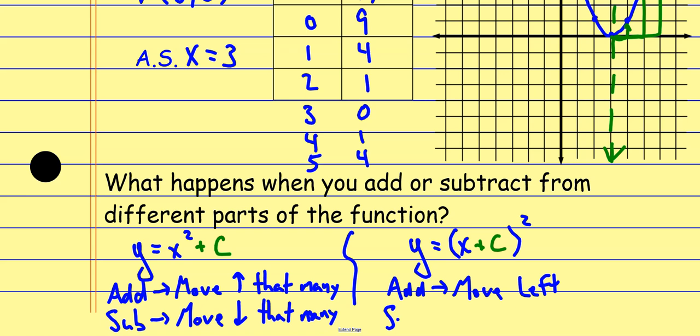And if I subtract, it moves this thing to the right that many. And so the advantage of knowing this is if I just see what's being added and subtracted, all I have to do is move the vertex, and then I can use that pattern that we've been seeing to graph it.